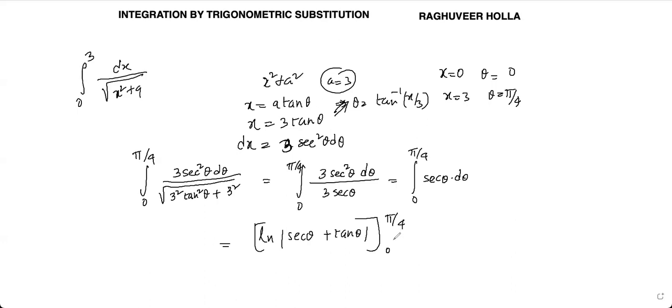So when you substitute it, this will be ln of secant pi by 4, which is root 2, and tan pi by 4, which is 1, minus ln of secant 0, which is 1, and tan 0, which is 0. So finally you get ln of root 2 plus 1.